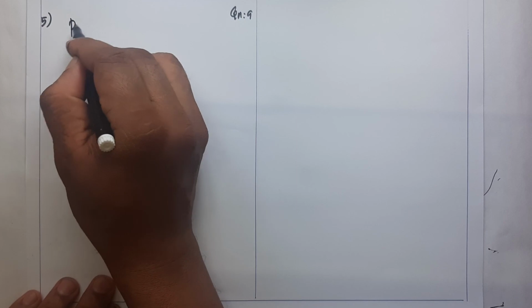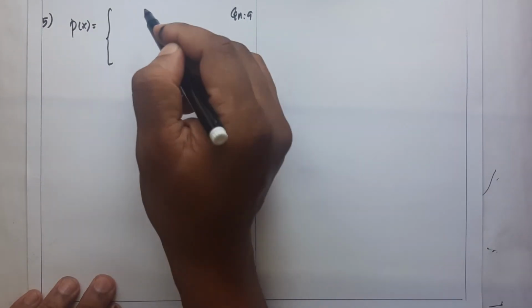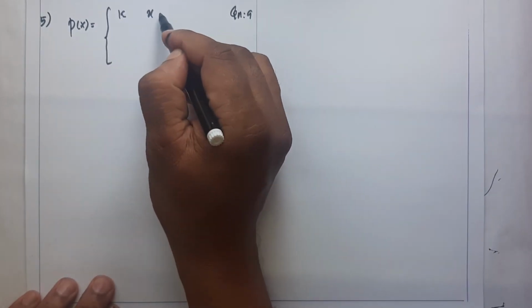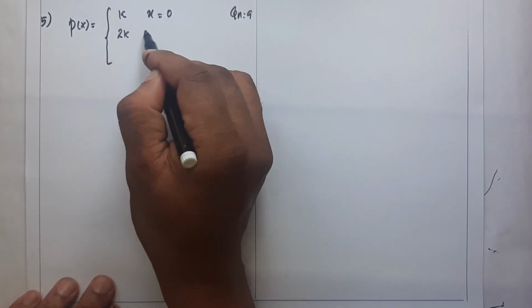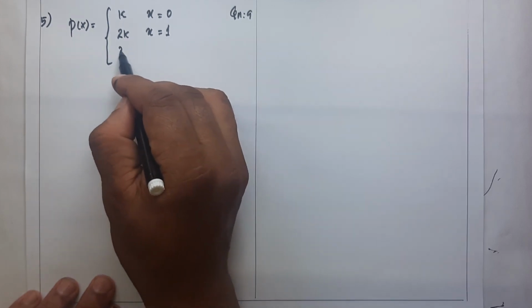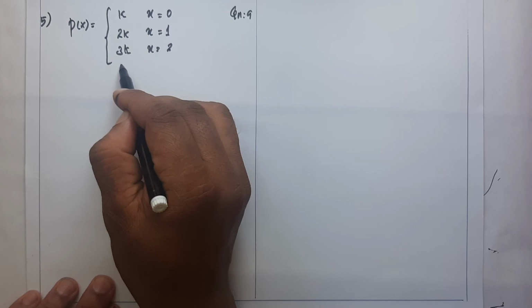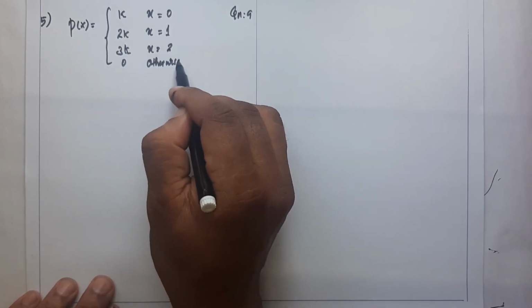That is, the corresponding probability is k if x equal to 0, 2k if x equal to 1, 3k if x equal to 2, and 0 otherwise.